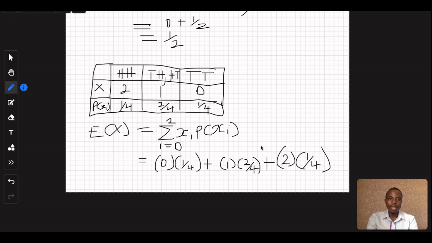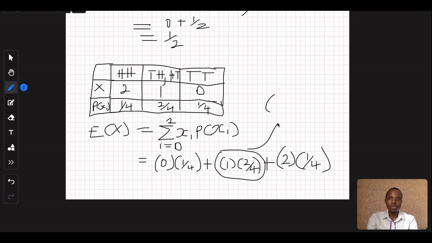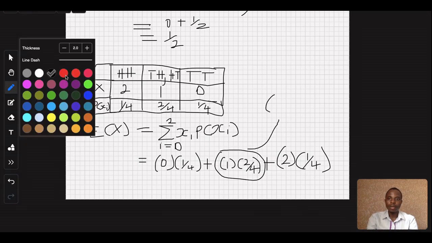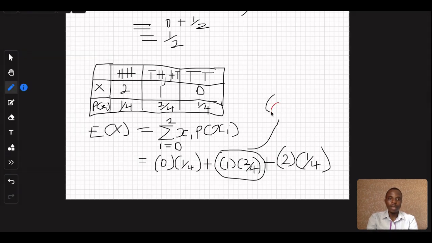And in that case, I will need to say 1 multiplied by 1 over 4, like what we have here, now would have been split to 2, and we're going to have something like 1 multiplied by 1 over 4 plus 1 multiplied by 1 over 4.